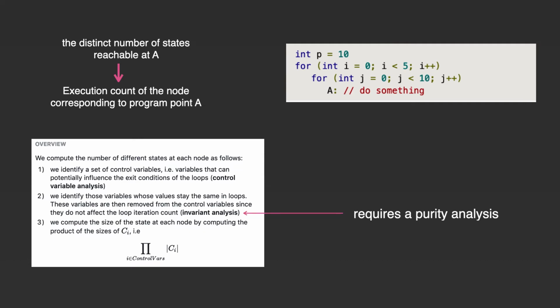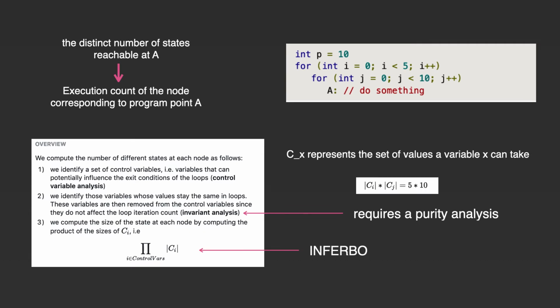To determine the set of values a variable can take, we rely on an interval analysis, a numerical interval analysis that will tell us, for instance, that the values i can take will be between 0 and 4. So 5 values. Similarly for j, the values j can take will be between 0 and 9 inclusive. So 10 values in total. So then we can say that loop A will be executed 5 times 10.